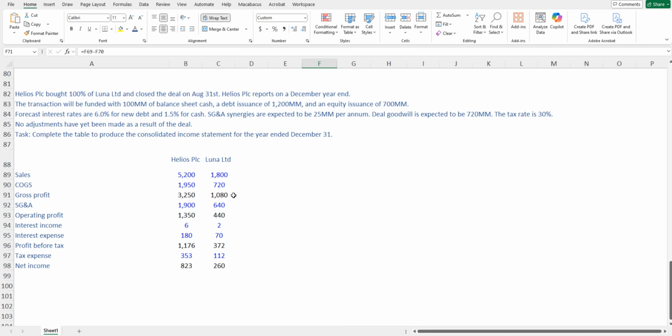So a stub period is the abbreviated slice of a fiscal year that runs from a transaction's closing date to the next reporting date. So in M&A accounting, if you close on August 31st, your stub period is September 1st through December 31st.